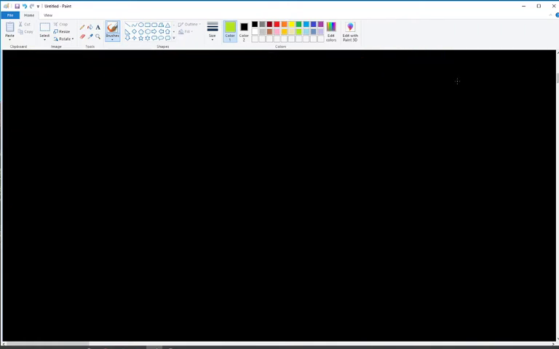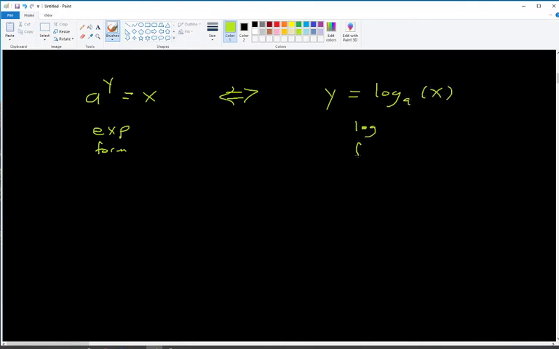So next we have going between exponential and logarithmic form. So if we have an equation a to the y equals x, this is the exponential form. That is equivalent to y equals log base a of x, and this would be the logarithmic form.